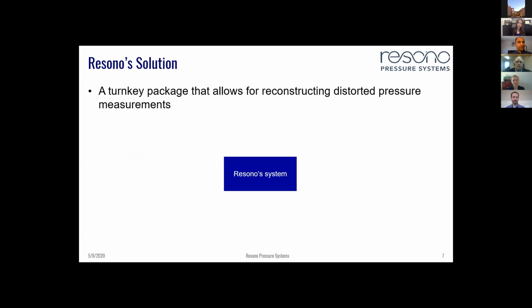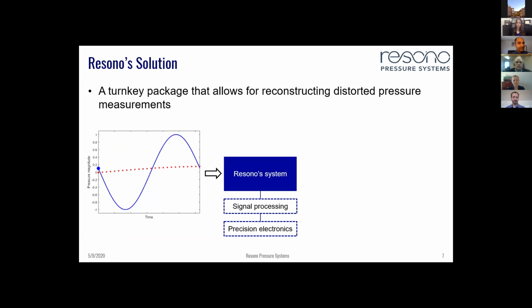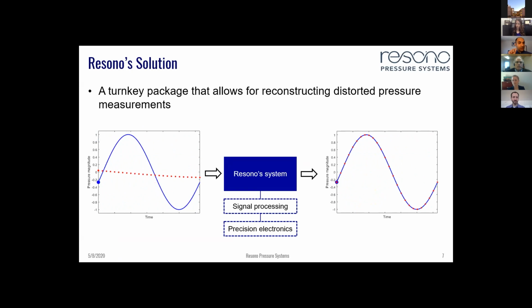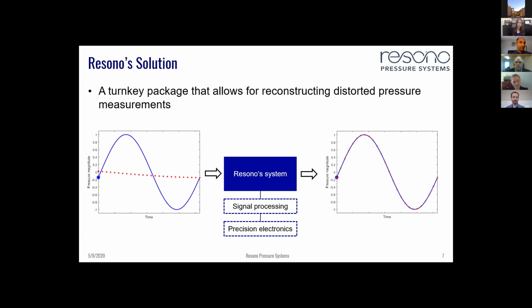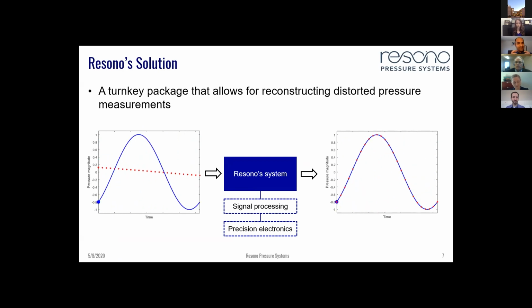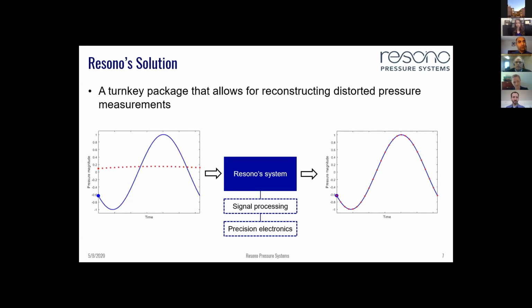We have developed a system through many years of research that has very advanced signal processing algorithms with state-of-the-art precision electronics and data acquisition hardware that takes those distorted measurements and predicts what the actual measurements inside the pipe, for example, are. This is our solution.